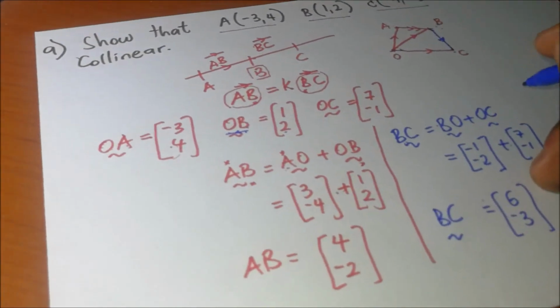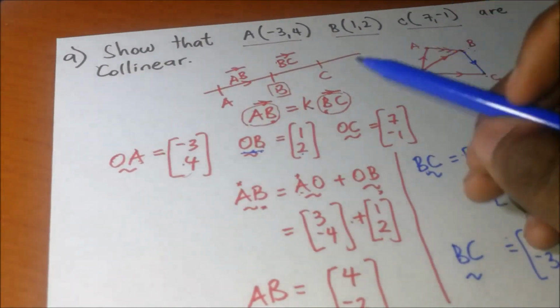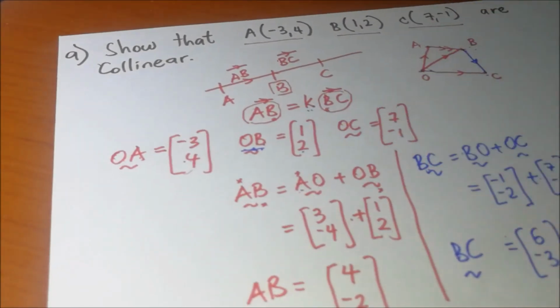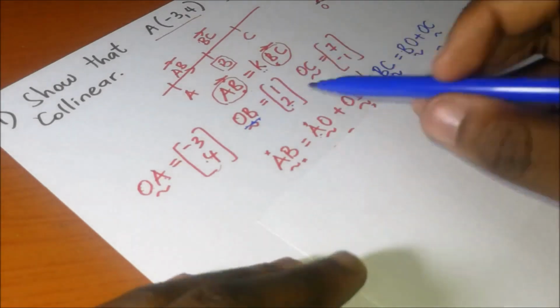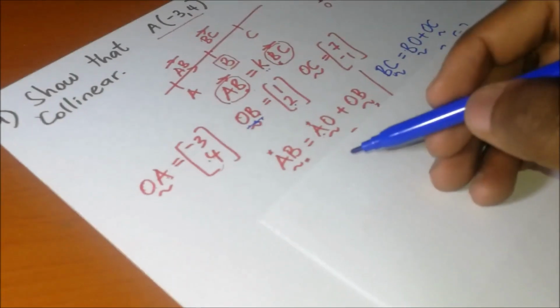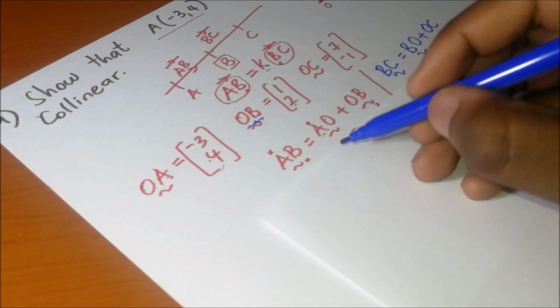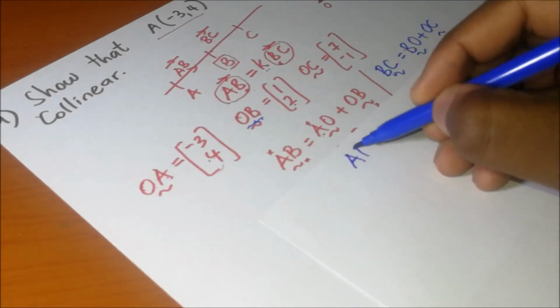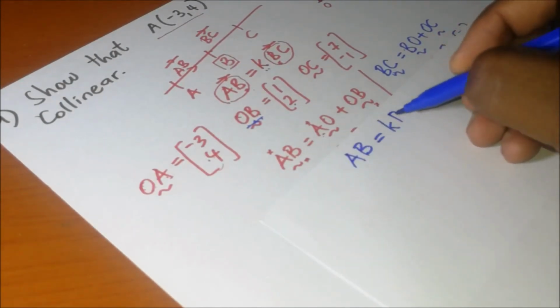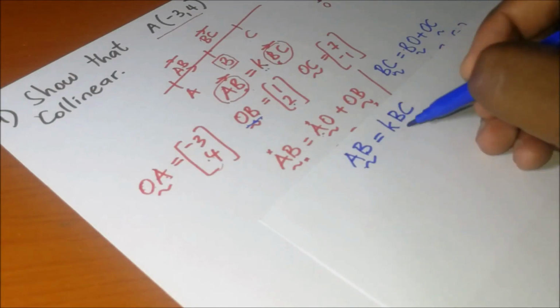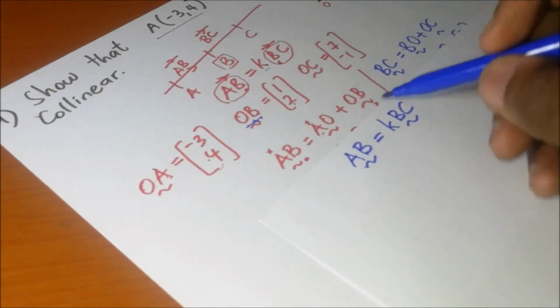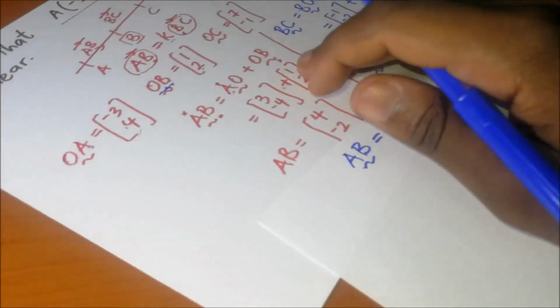So just like we've been doing before, we shall go ahead and find our value of K. So I'll quote this again. This is AB is equal to K BC, like that. So I'll go ahead and find AB.